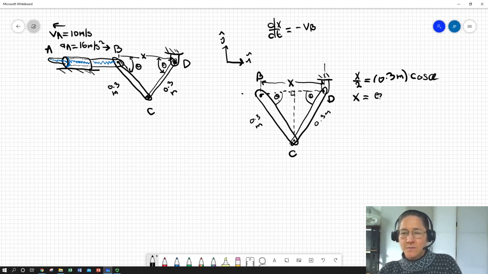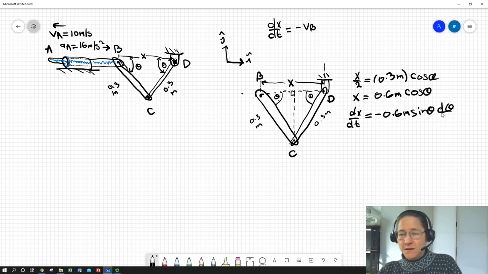So x equals 0.6 meters cosine theta. And we'll take the time derivative of that. dx/dt equals negative 0.6 meters sine theta, d theta/dt.